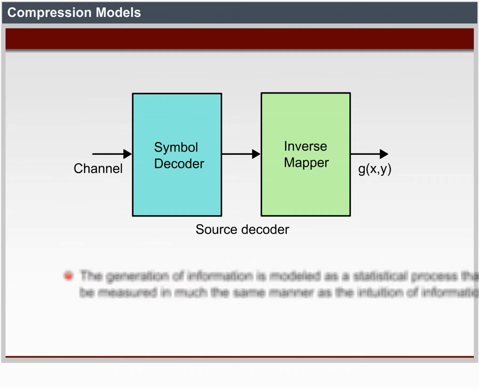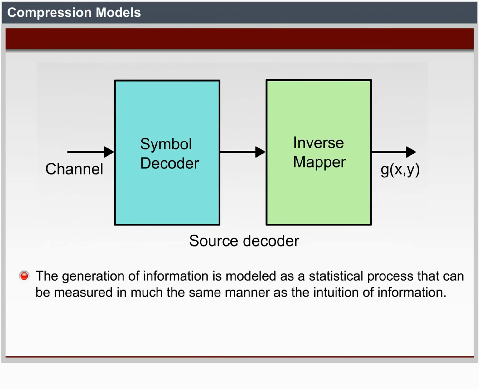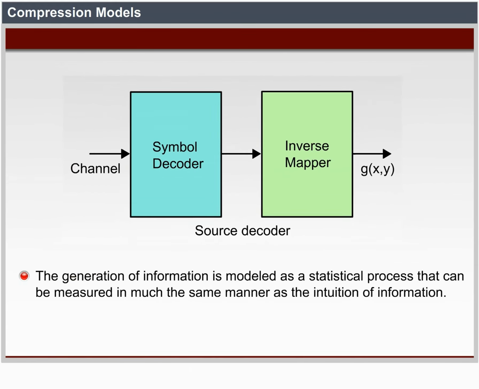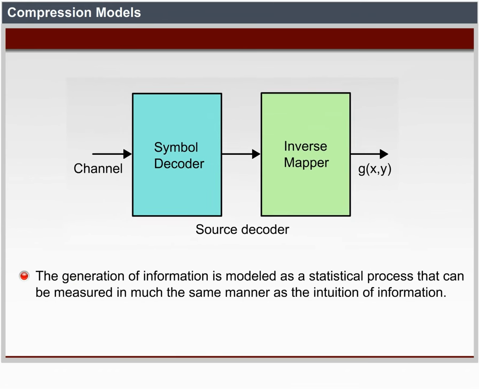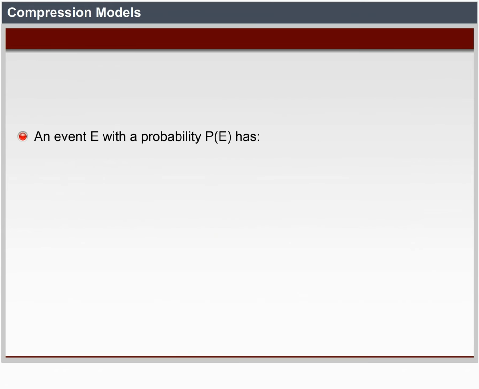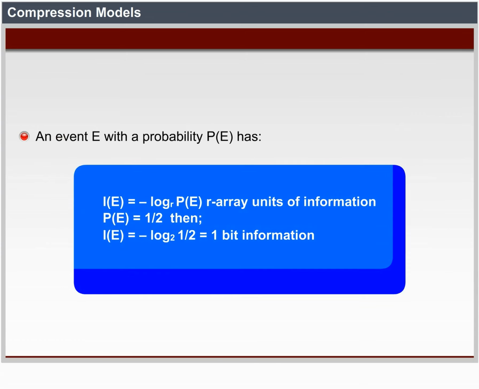The generation of information is modeled as a statistical process that can be measured in much the same manner as the intuition of information. An event E with the probability P(E) has information content.